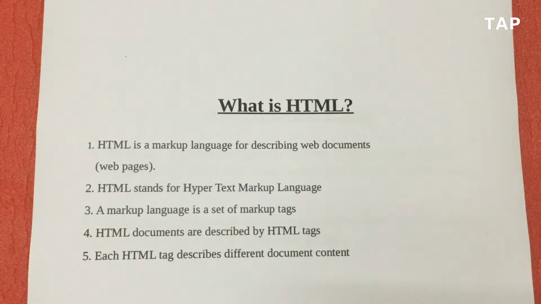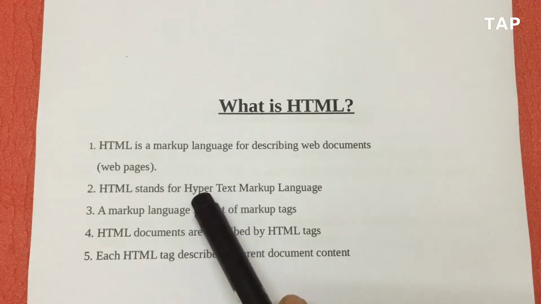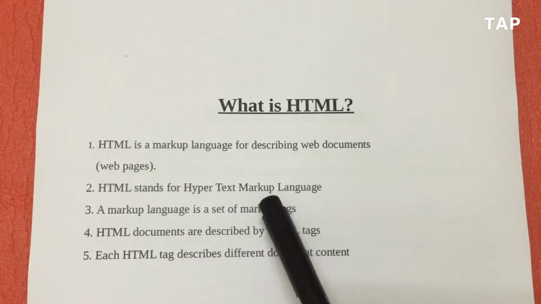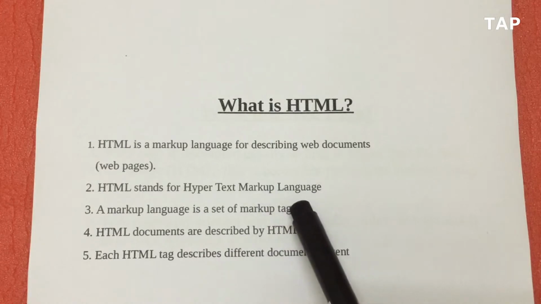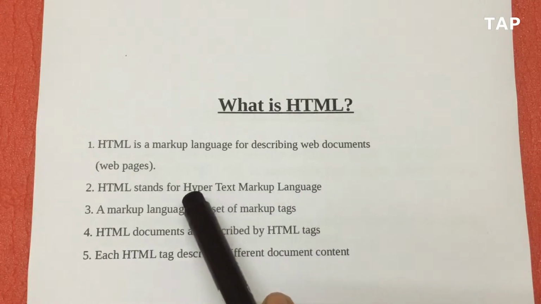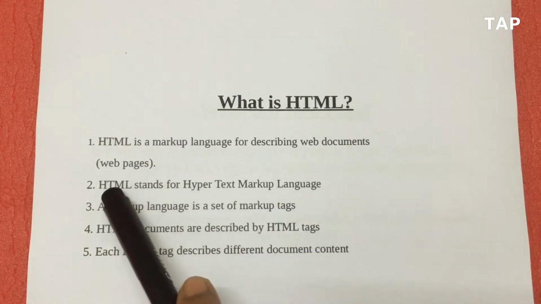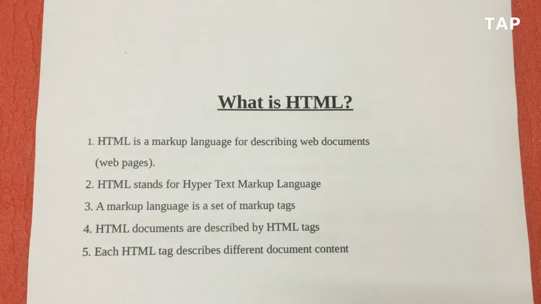So H means hyper, T means text, M means markup and L means language. So this is our hypertext markup language, or the short form is HTML.